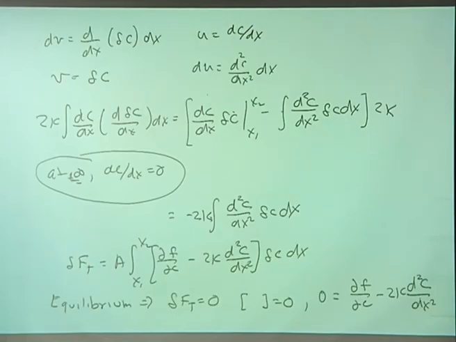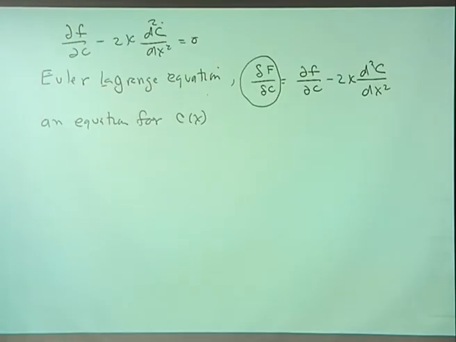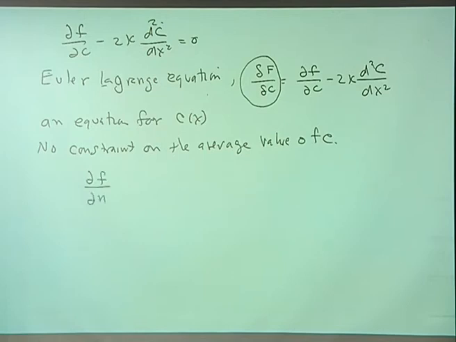There's a minor problem here. If you look at this equation, there's no constraint on the average value of c. In other words, if you wrote this in terms of order parameters, it would be exactly this, equals 0.